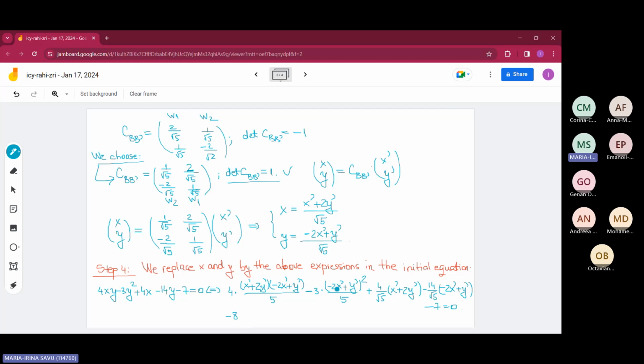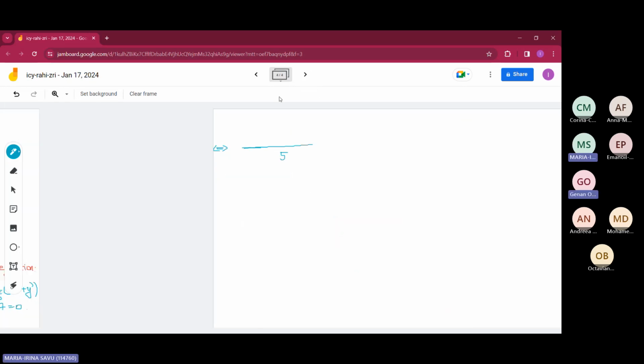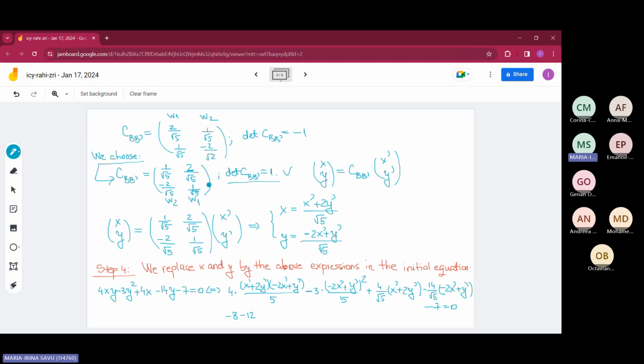And from here you have actually 4x prime squared times minus 3, which is minus 12. Okay, so you have minus 8 from here and minus 12 from here. So you have minus 20x prime squared, correct? Yes. Minus 20x prime squared.